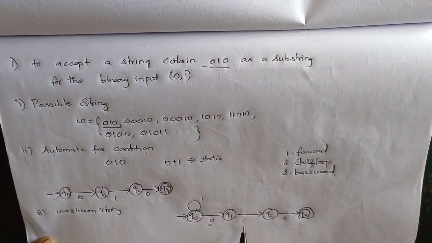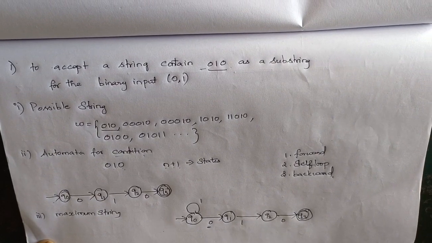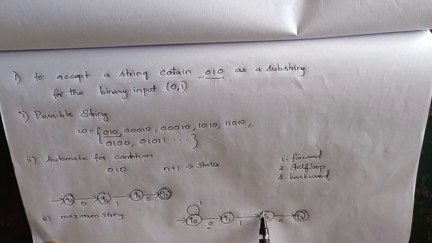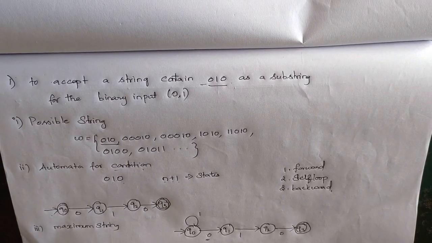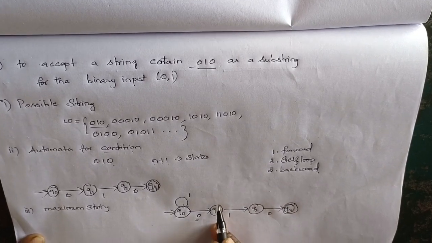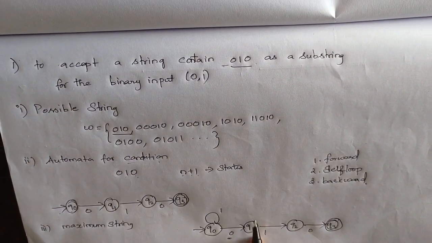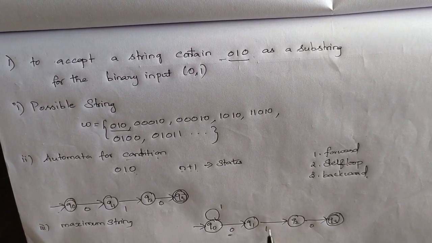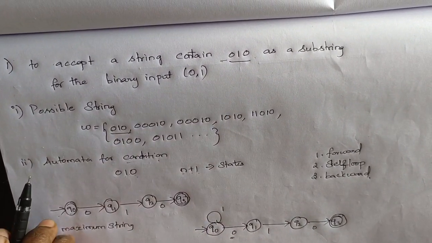Next Q1: the input 1 is transferred, the balance input is 0. If we give it forward to Q2, it is 0, 0, 0, so the 0, 1, 0 substring fails. If we give it to Q3, it is transferred 0, 0. If we use a self loop, it is 0, 1, 1, 0, so here also the substring fails.